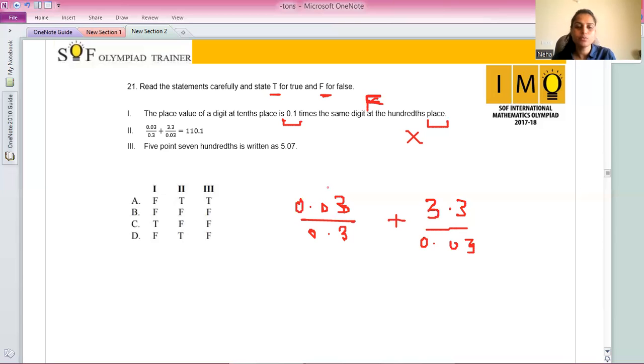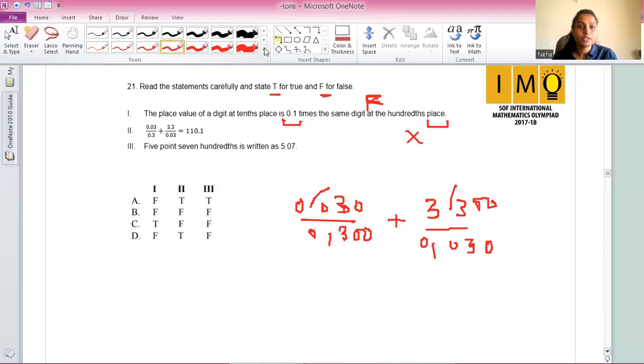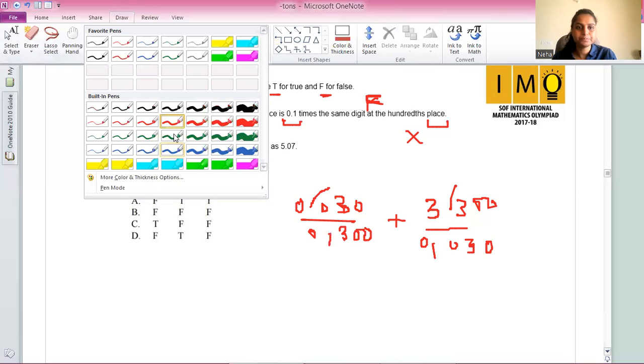Whenever I remove a dot, I place a 0. Here, how many digits are there? 2. So I will place two zeros, and here only one 0. Similarly, place one 0 here, and two zeros here. Now, guys, let me solve this question for you further.